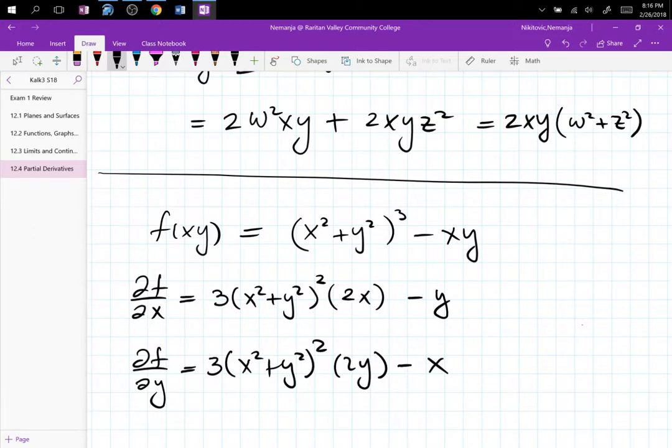You would have a y squared over here, and over here you would have a single x. So they don't have the same form anymore. That square would break this type of symmetry. This is very useful for problems that are long to compute but repetitive, and you can just exploit the symmetry.